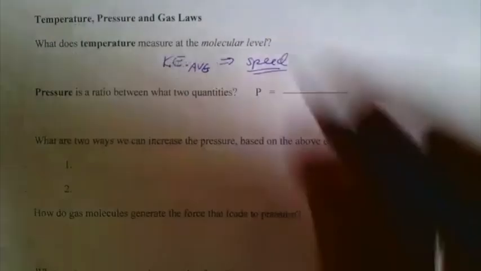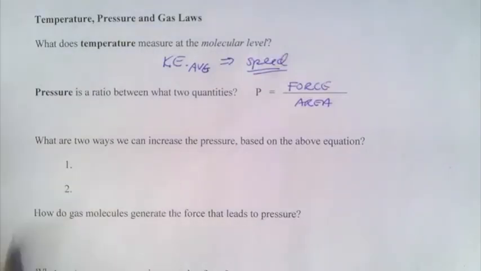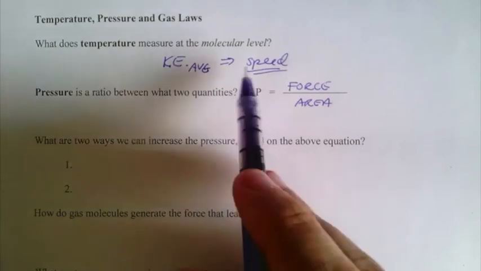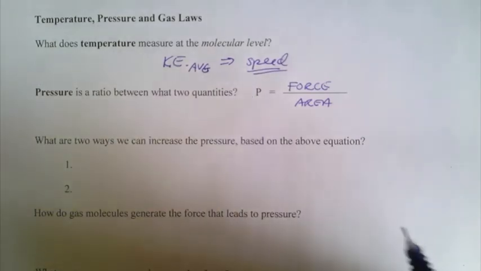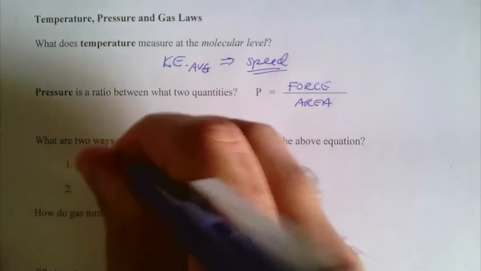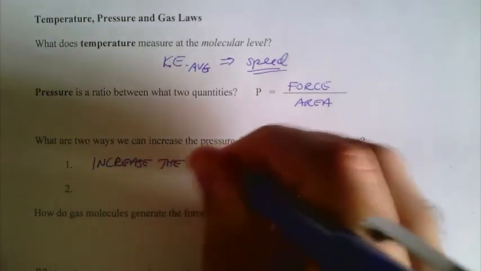We just talked about pressure being the ratio between force and area. And so what we're going to see here is there are two ways in general we can increase the pressure, and one of them is going to in fact be related to temperature. One way we can do it is we can increase the force.